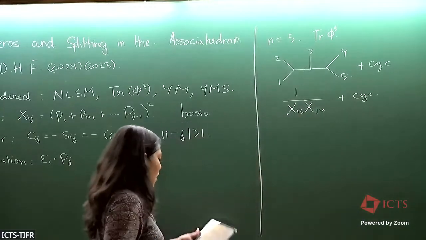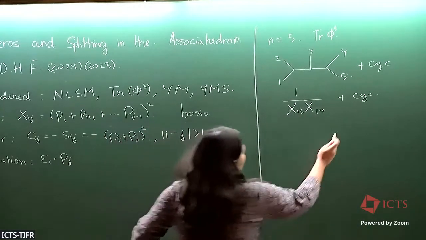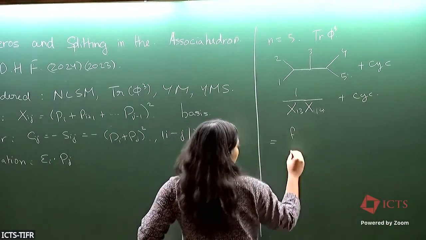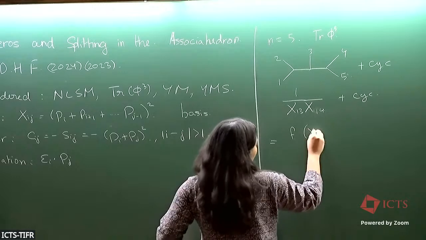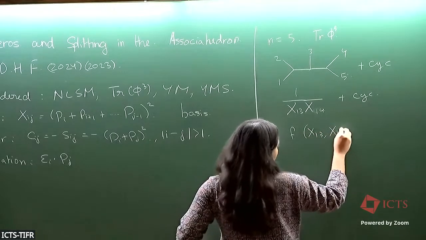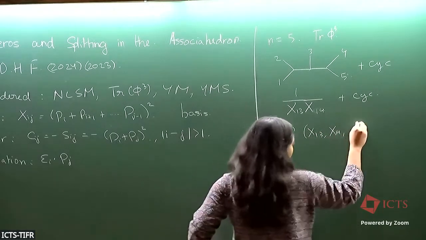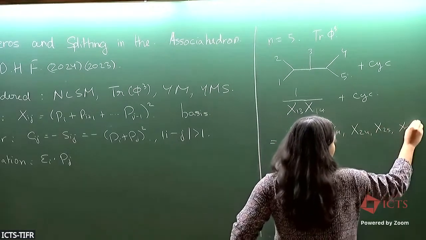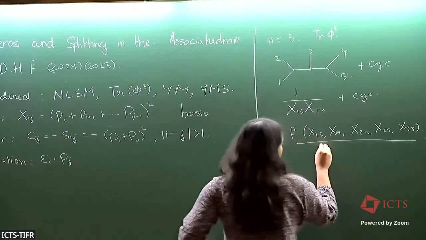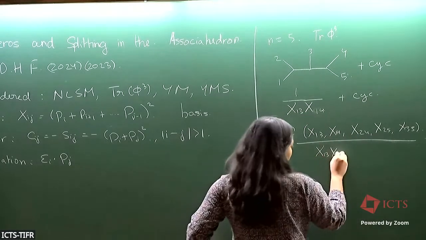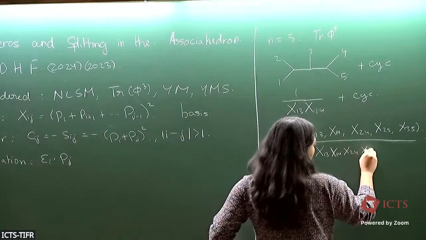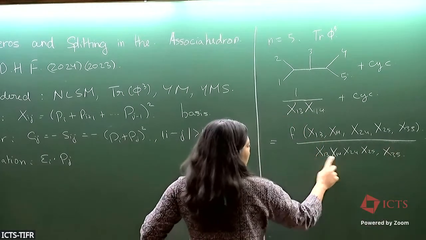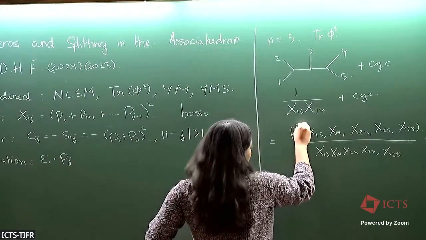Now, if I were to sum over all of the cyclic permutations, then you get something which is f, some function of the variables, which are x13, x14, x24, x25, x35, divided by, again, all the locations of the poles. I've just put them under a common denominator. And because each of these has to, basically this needs to be cubic.